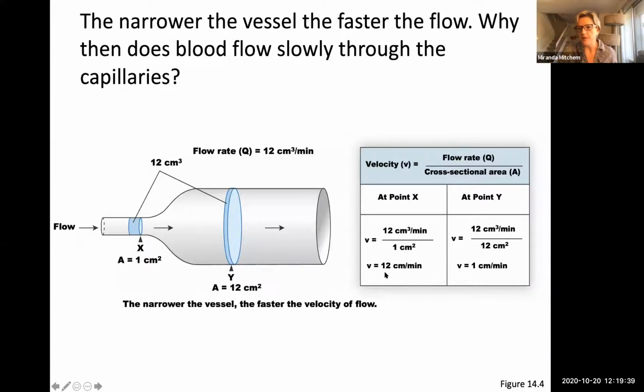Another example you can think about from your everyday life is a garden hose. You turn it on, no faucet or sprayer at the end, just a hose, and the water comes out, related to how much pressure is going through it.